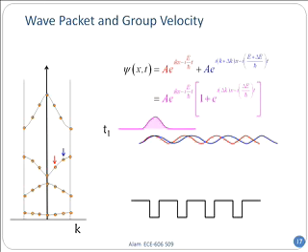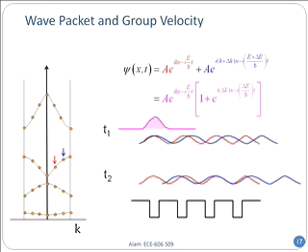Now what will happen a little bit later? Because E and E plus delta E are slightly apart, the red one will move to the right, but the blue one will move at a slightly different velocity to the right, because it has a slightly different energy, a slightly different omega. So it moves slightly to the right.